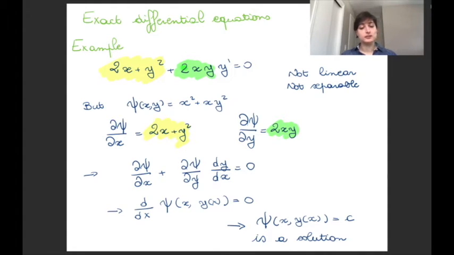This means we can integrate it. Psi computed at x, y(x) equal to c for all values of x is a solution to our ODE. We call it an implicit solution in the sense that we don't have a formula written out for y. We still have to fish out y in some way, but it is a solution of our system.